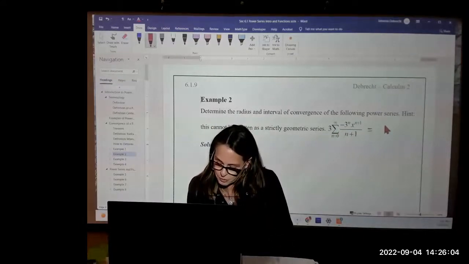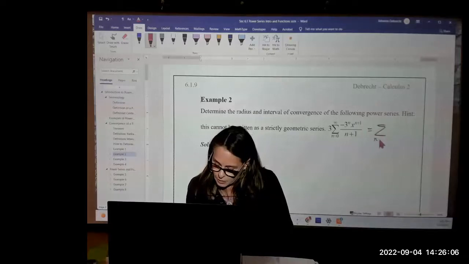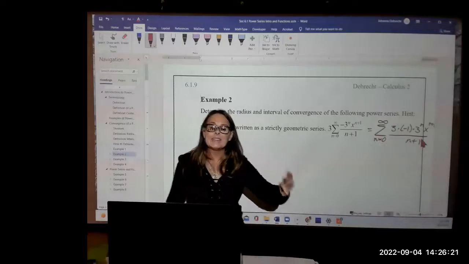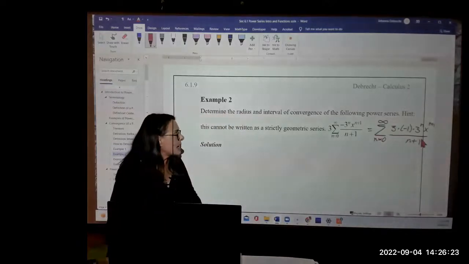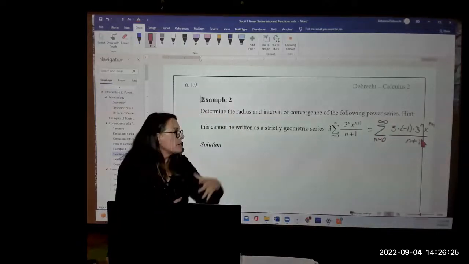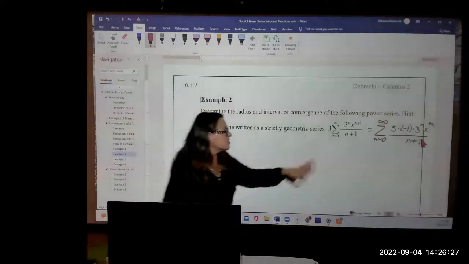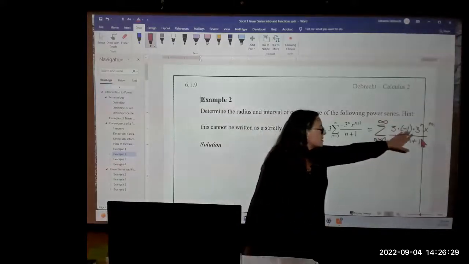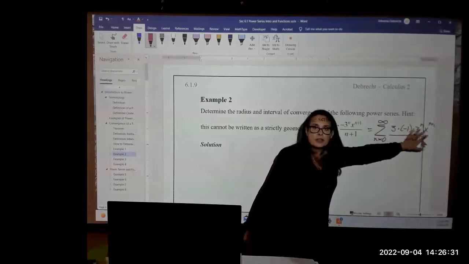We can pull the 3 inside, and that will give us the series from 0 to infinity of 3 times a -1 times 3 to the n, x to the n plus 1 over n plus 1. That negative is not a part of the base. It's not in parentheses with the nth power outside. So it has to be interpreted as -1 times 3 to the n.